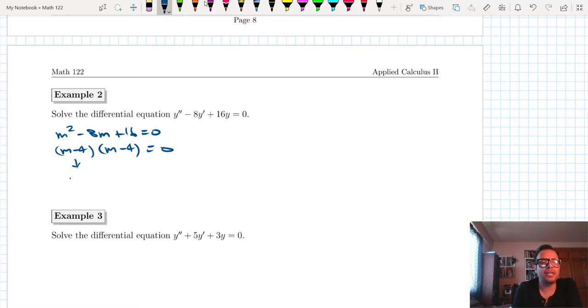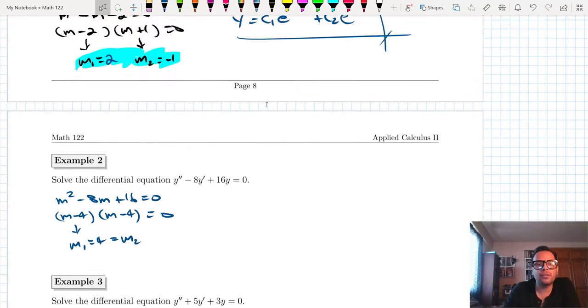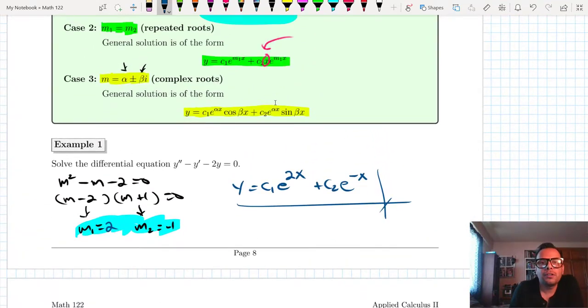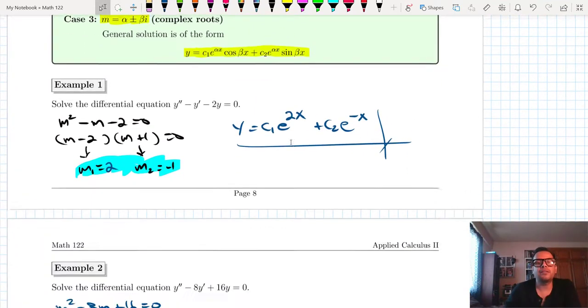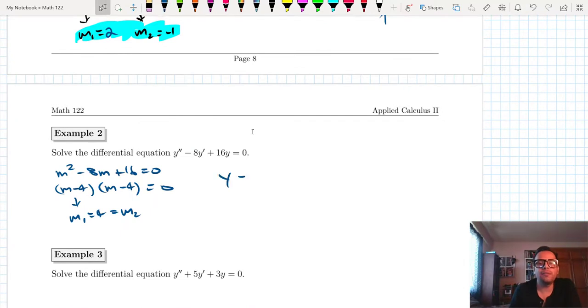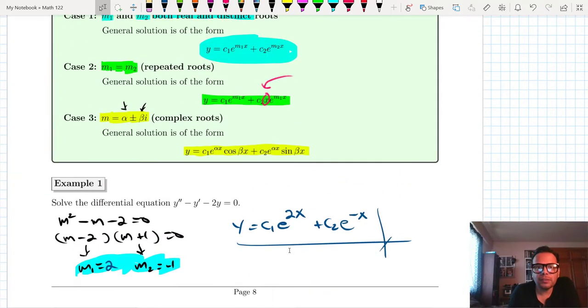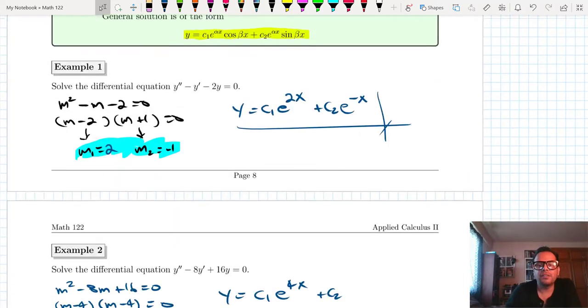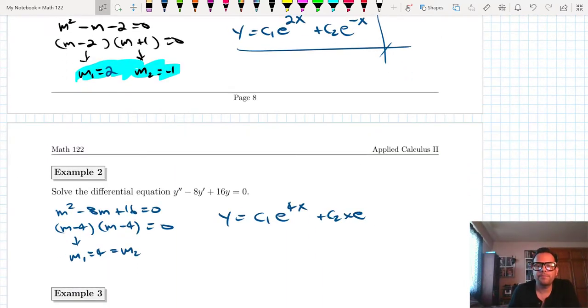And look what we have. m1 equals 4, which is also m2 equals 4. It's a repeated solution. How are we going to deal with this? Well, let me show you the case again. So c1 e to the m1x. So y equals c1 e to the m1, which is 4, x plus c2 x times e to the same, and that's the solution to the equation.